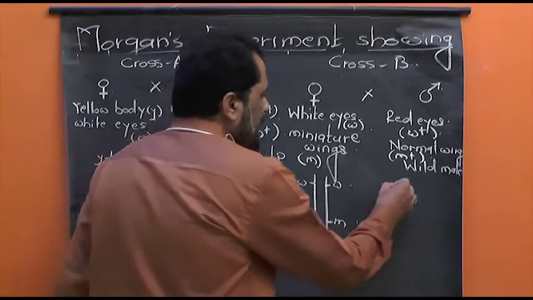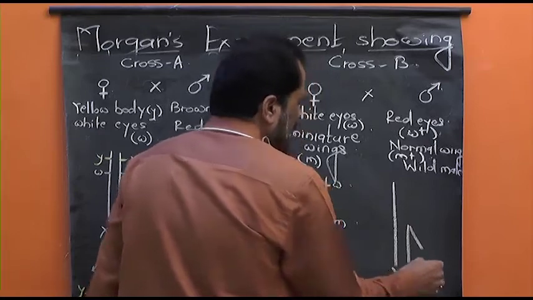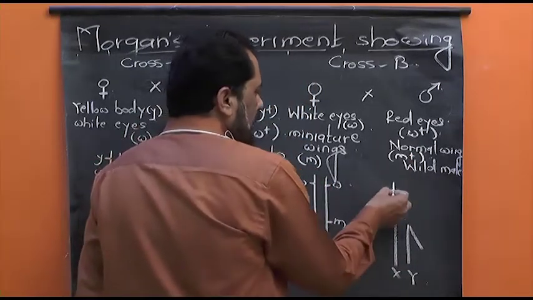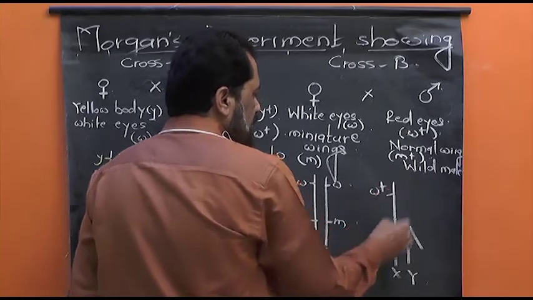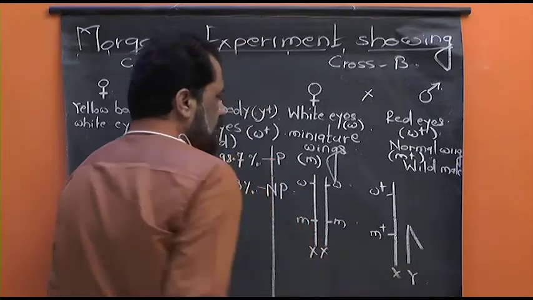While the male with XY has a single dosage condition, the gene for red eye color is W plus and the gene for normal wings is M plus.